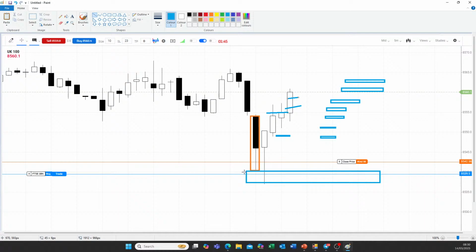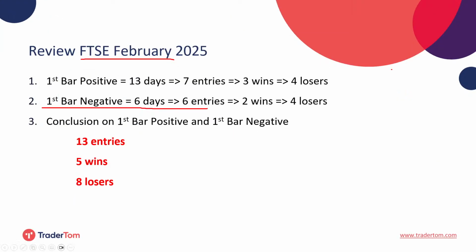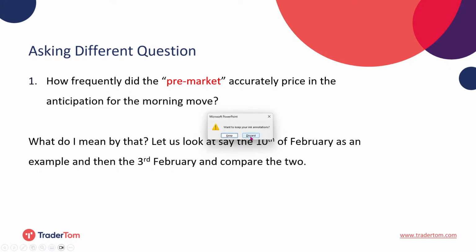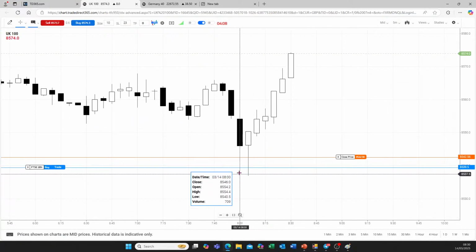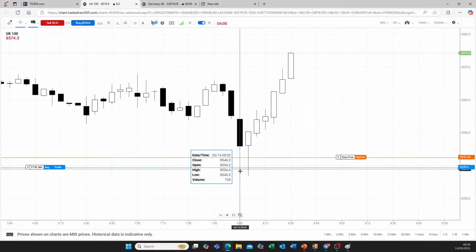Anyway, I digress. So this is the setup for first bar negative, being a buyer below prior bar low. Essentially, that's what it is. So I'm a buyer down here. And that's exactly what I did this morning. I bought the FTSE down here.